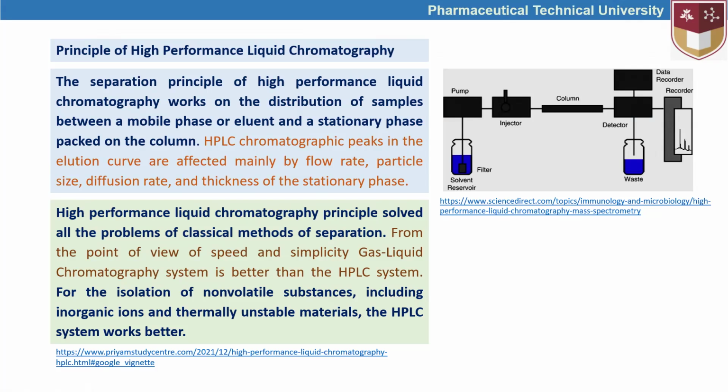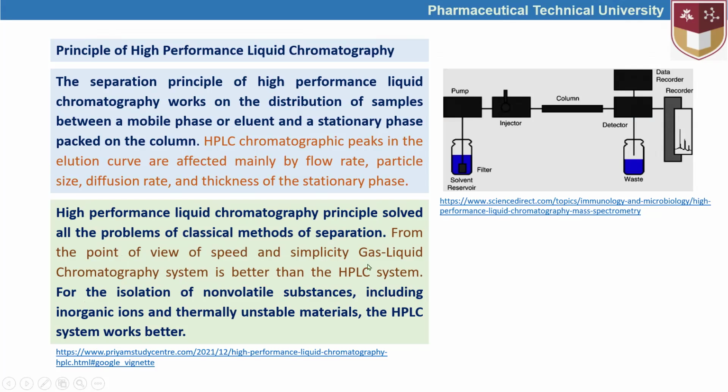From the point of view of speed and simplicity, the gas liquid chromatography system is better than the HPLC system. However, for the isolation of non-volatile substances, including inorganic ions or thermally unstable materials, the HPLC system is better anyway.